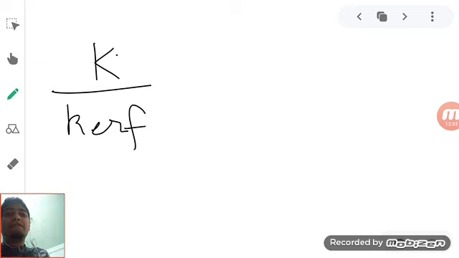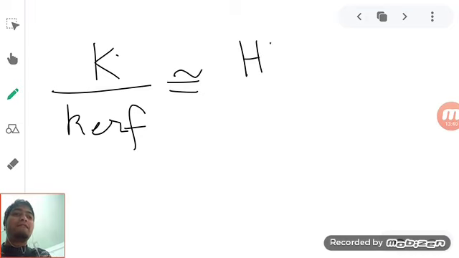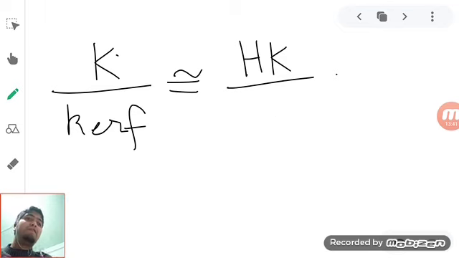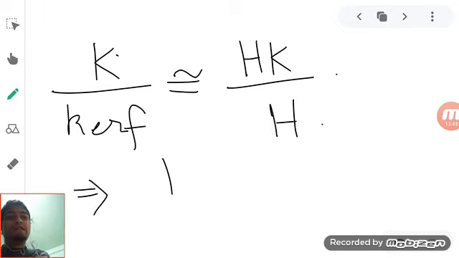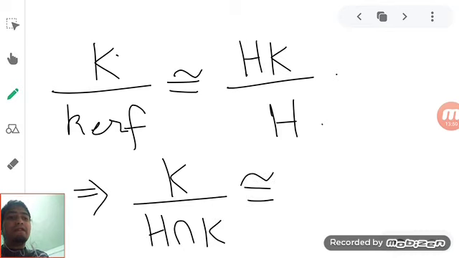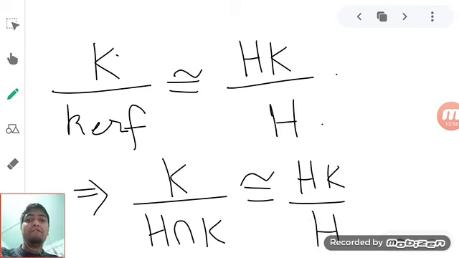We will have K by kernel f. K, the first group, over the kernel, will be isomorphic to the second group, HK over H. That is, kernel f is H intersection K. So we will have this, which proves the theorem.